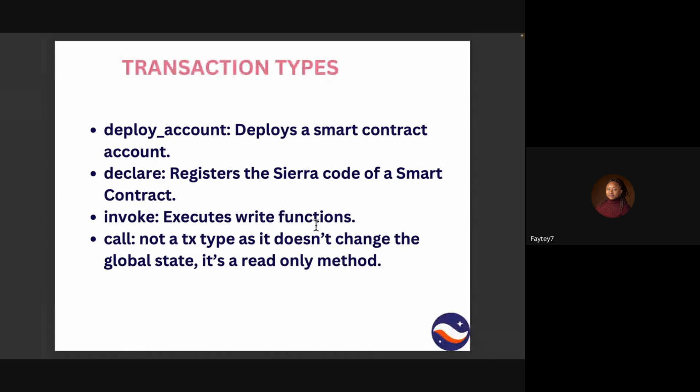So when you see an invoke opcode on the Starknet scan, it means that the user performed a write function that is supposed to change the state of that smart contract on the network. Call is not a transaction type, as it is only used as read only. It is only used to read data that has already been stored on the blockchain.